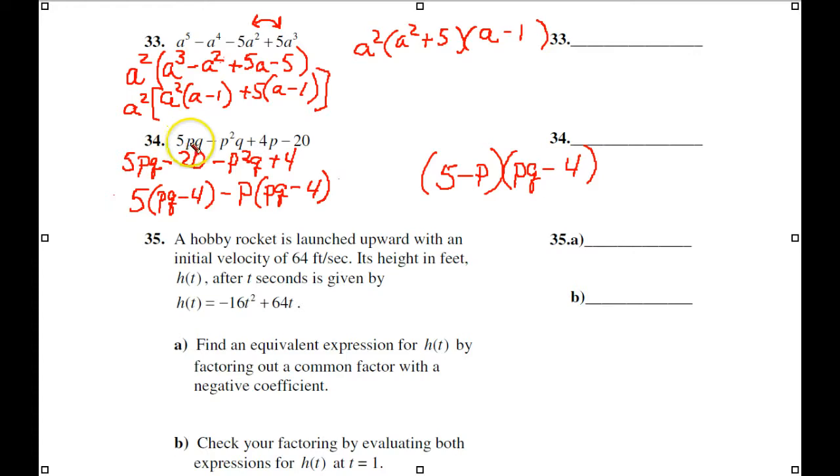But just to show you this one, I had to rearrange. I put the 20 there, and then everything seemed to work out. I could factor out a 5, and then here I'm factoring out a -p, and then I get my common factors here, and that's that.